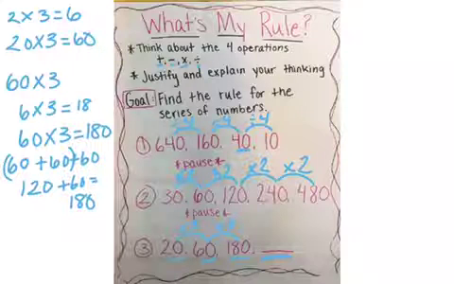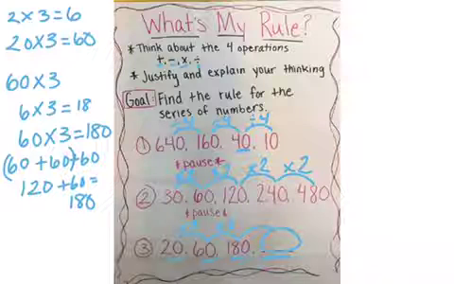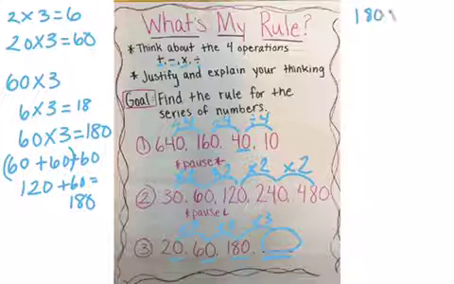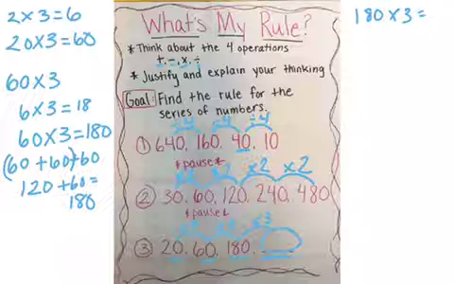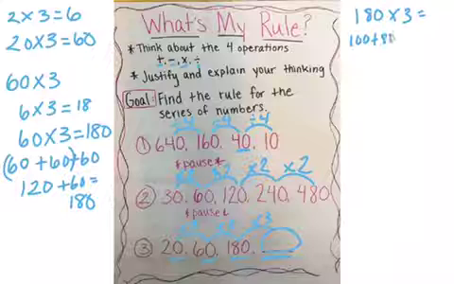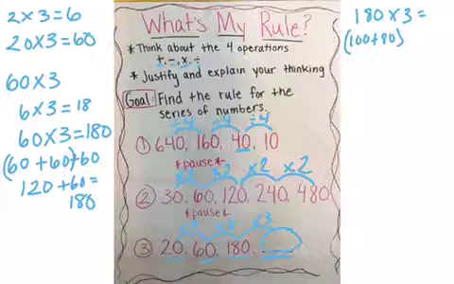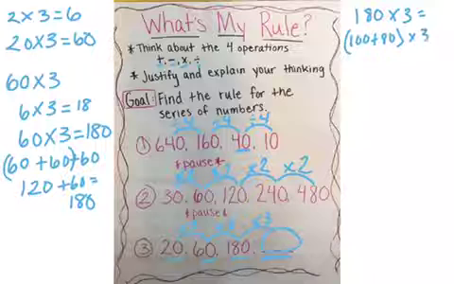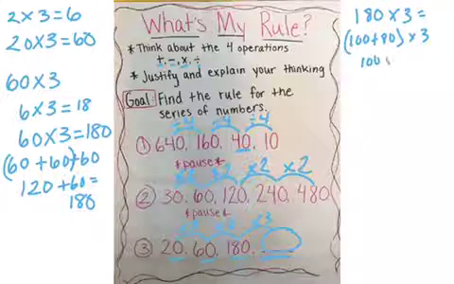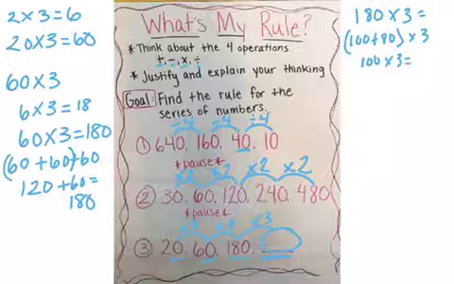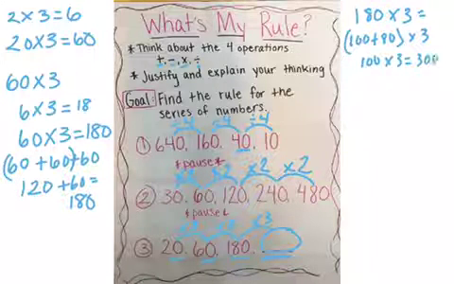So what would this unknown number be? Well, we'd have to take 180 times 3. What do I know that can help me solve this equation? Well, if I think about it, I know that 180 is 100 plus 80. And I have to take that times 3. So 100 times 3 would give me what? 300.